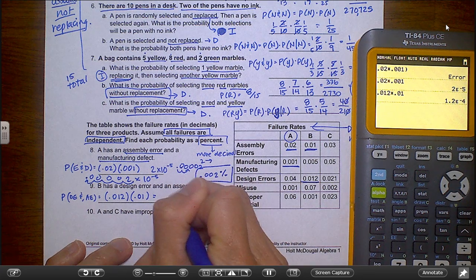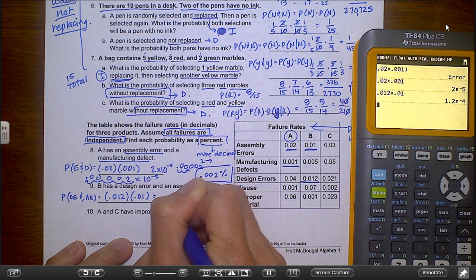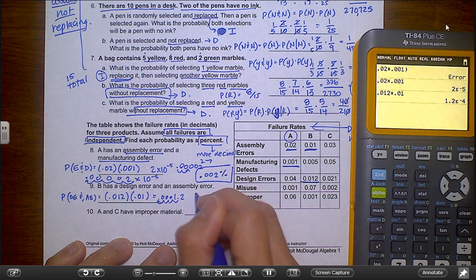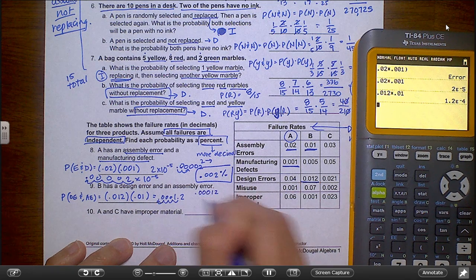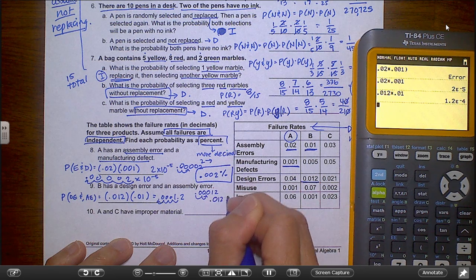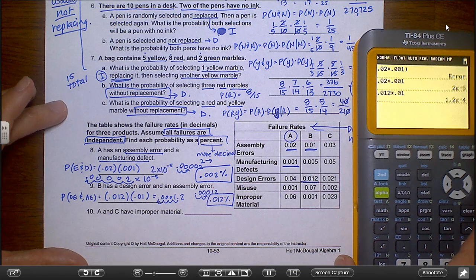So it's 1.2, but e negative 4. So 1, 2, 3, 4. So I have 3 zeros in front, so it's 0.00012. But again, I need it as a percent, so move it 2 over. So I have 0.012%. The other thing you could have done, since this is e negative 4, and you know you're going to have to move it 2 to the right, you could just do times 10 to the negative 2 first, and then save yourself that hassle, but whatever you choose to do.